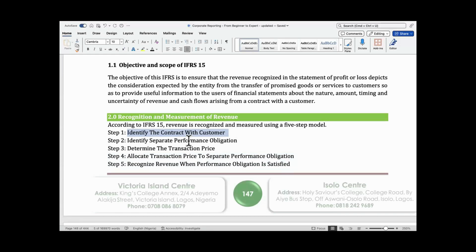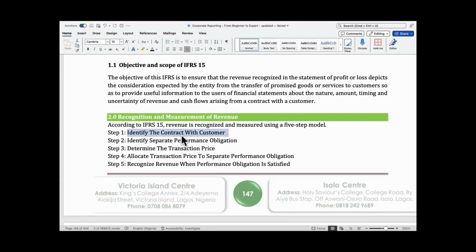We spoke about the parties must have agreed to the contract, the payment terms must be clearly defined, each party must know their rights in a contract, we must be sure that we're going to receive our money, and also there must be commercial substance. These 5 must be present in a contract, and all 5 must be there.